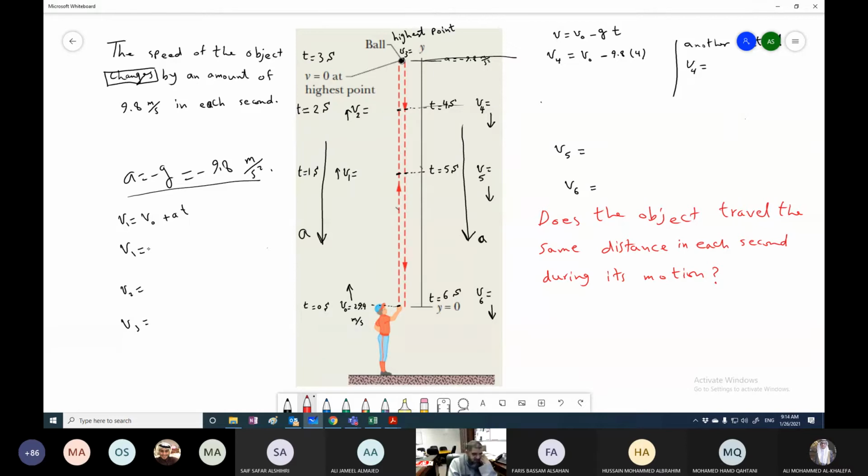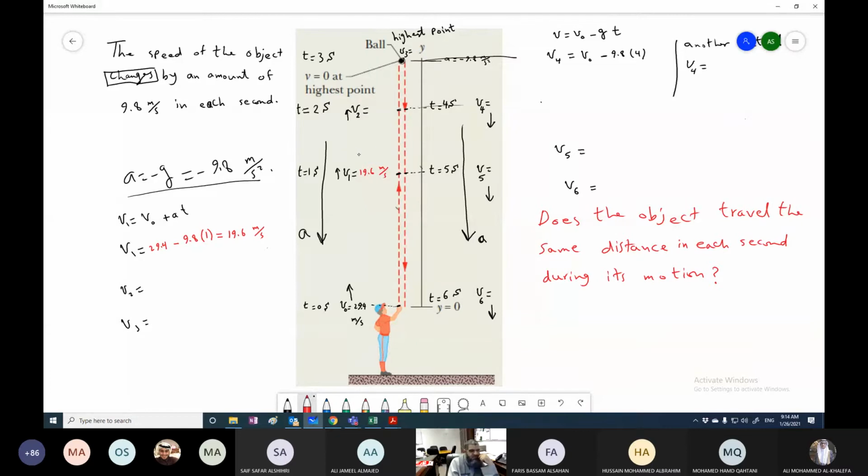So V1 is V0, which is 29.4, minus 9.8 multiplied by 1, because the time is 1 second. This will be 19.6 meters per second. The speed is decreasing, but it's still moving upward.